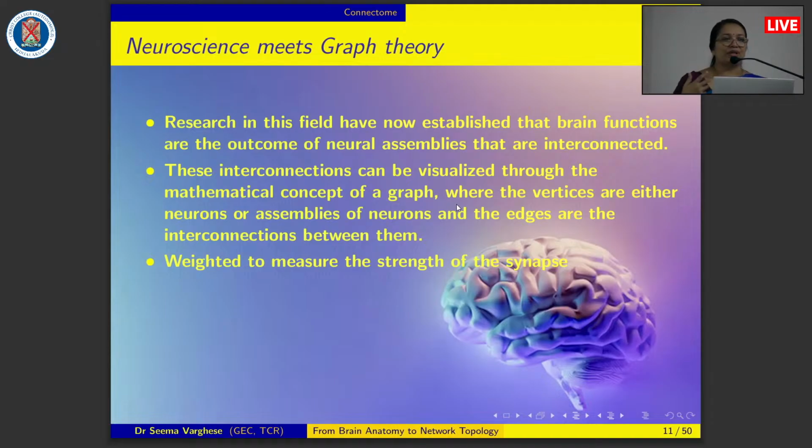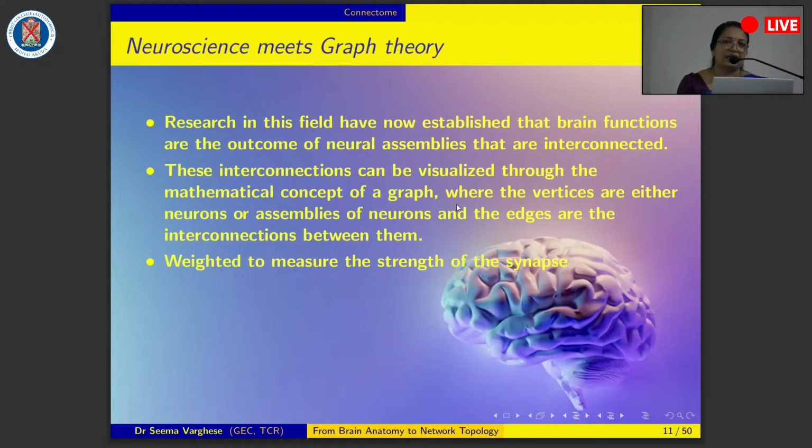So it's a very good idea to take one vertex for each neuron, and an edge will be established if there is a connection. But the problem is that there are 100 billion neurons. The number is so large that we cannot work with such a big thing.